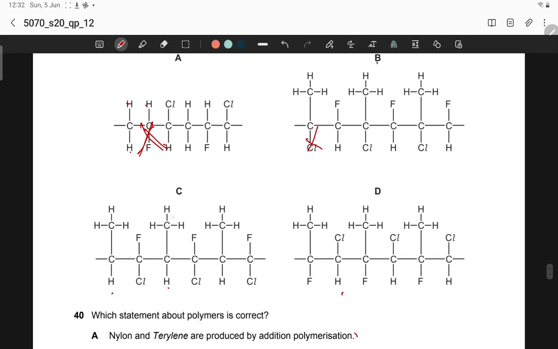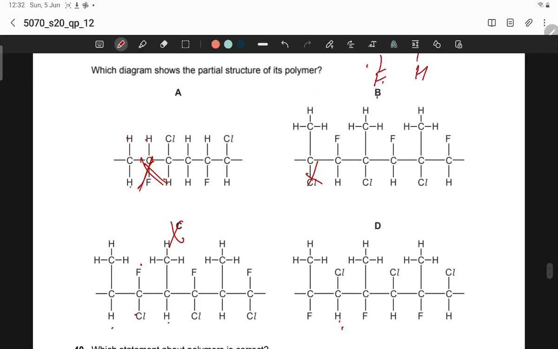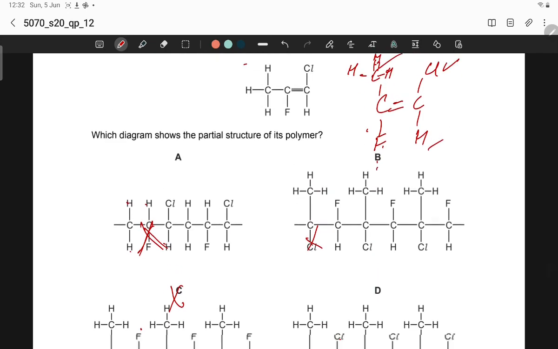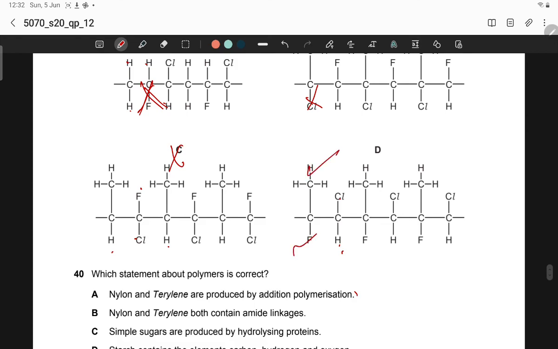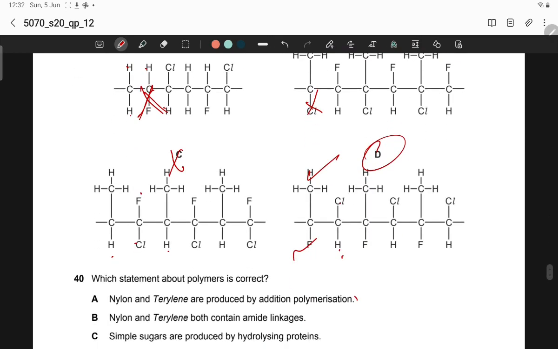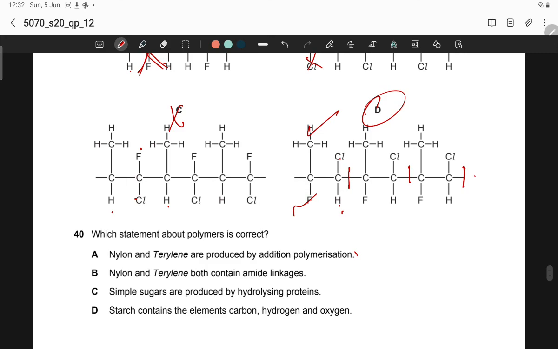CH3H is also incorrect. F and Cl, Cl and H, Cl and H, and CH3 and F, CH3 and F. This must be the correct option because this is monomer and this is polymer, because 1 unit, 2 unit and 3 unit. So D is the correct option.